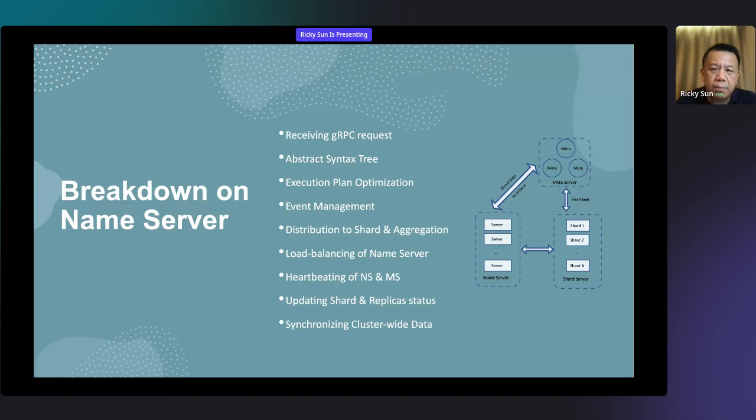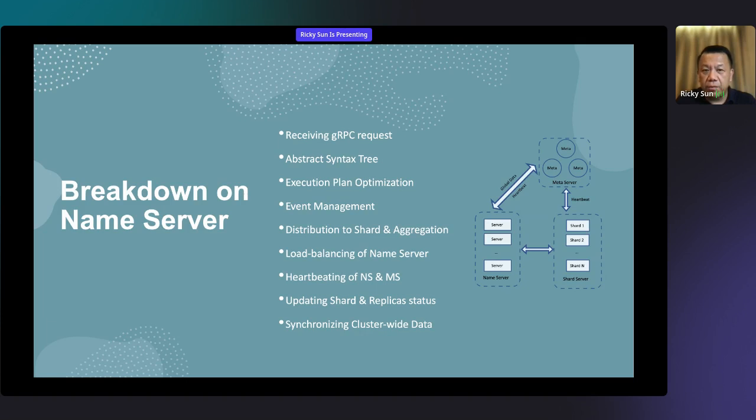So let's continue to talk about, in a distributed graph database setup, the 3 major things: the name server, the meta server, and also the shard servers or the HTTP servers. The main functionalities the name server has to handle include, for instance, RPC requests.